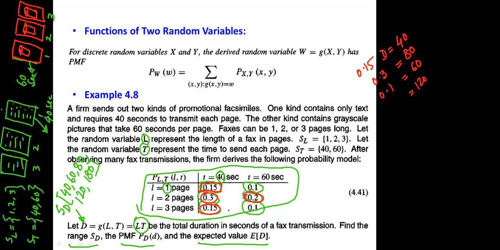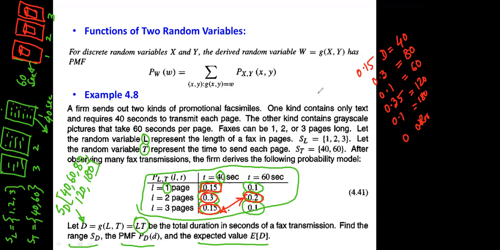So these two contribute to 120. So the probability of 120 will be 0.2 plus 0.15, that is 0.35. Then 180: when D is 180, the probability is 0.1, and 0 otherwise.